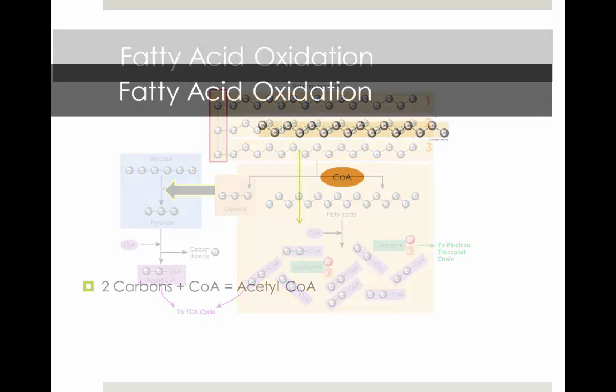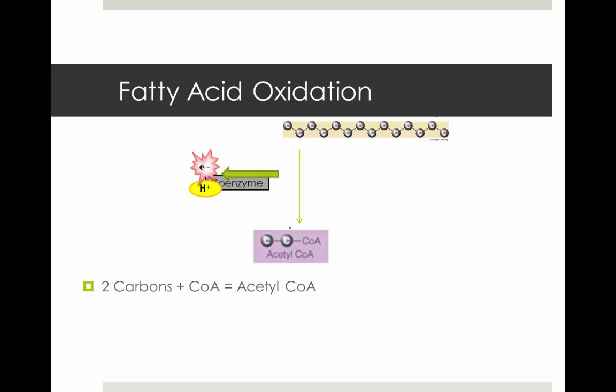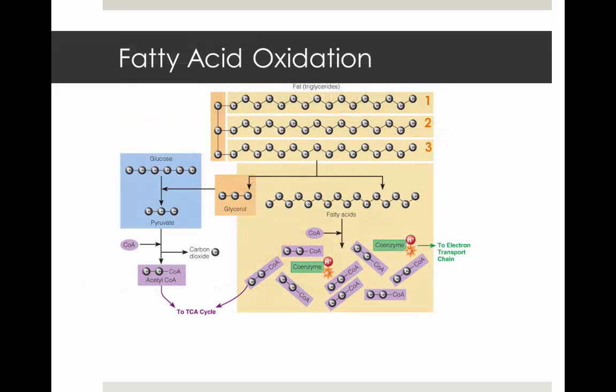Fatty acid chains cannot. In the breakdown of fatty acid chains, 2 carbons are cleaved off and coenzyme A is added to create acetyl-CoA. Of course, the hydrogen with its electrons are released. Coenzymes will carry these electrons to the electron transport chain to make ATP. This process continues, cleaving 2 carbons and adding a CoA until the fatty acid chain has been completely broken down into acetyl-CoA molecules.